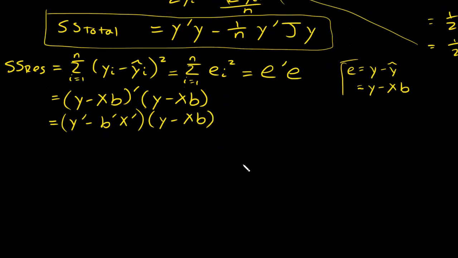Let's see what happens when we distribute this. I'll have Y transpose Y, the first terms multiplied by each other.